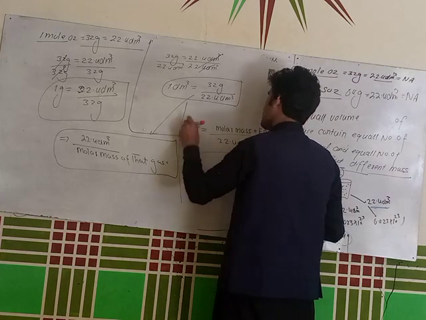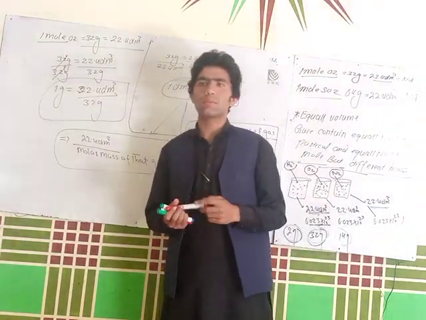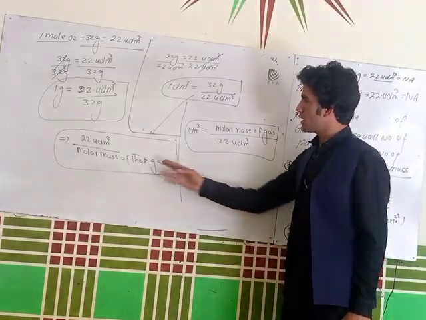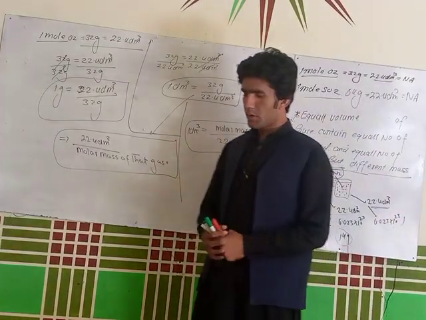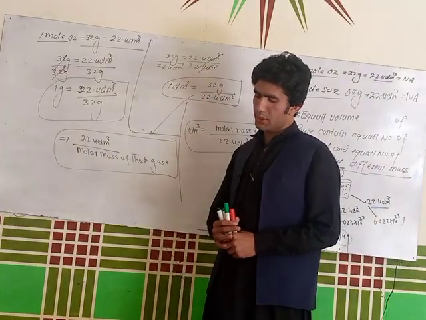Students, this relation will be used to find the number of grams in a single decimeter cube. These two formulas are very important from the exam point of view as well as from the test point of view.